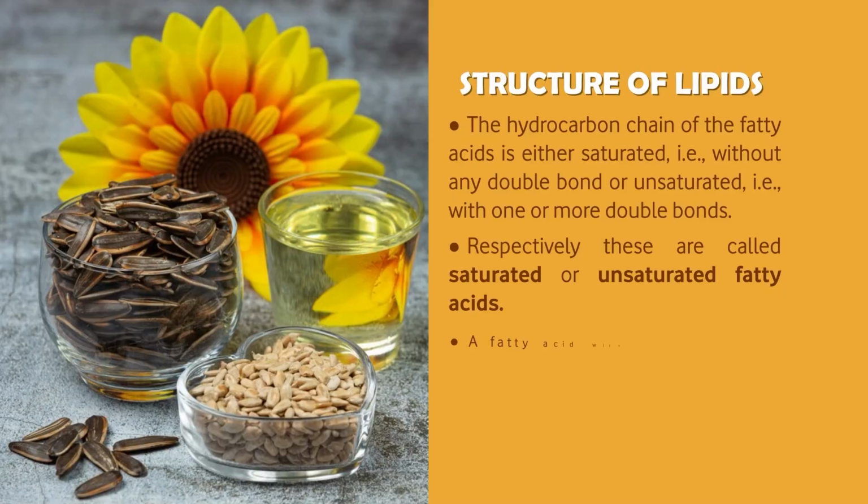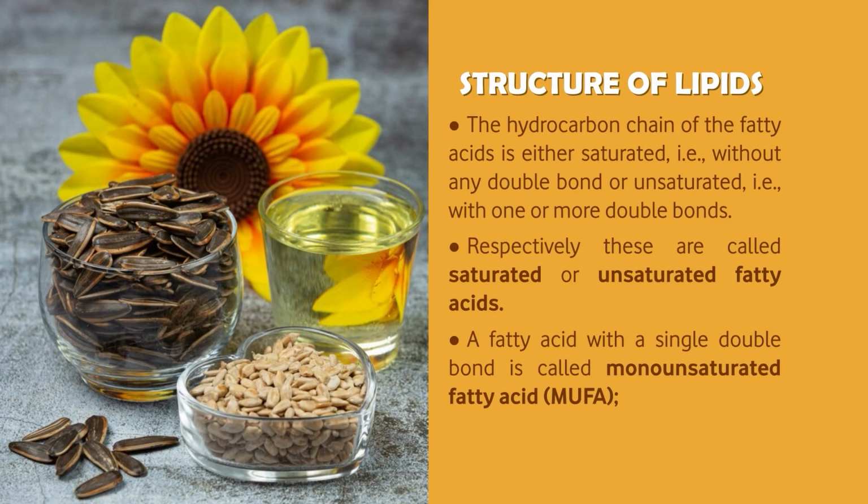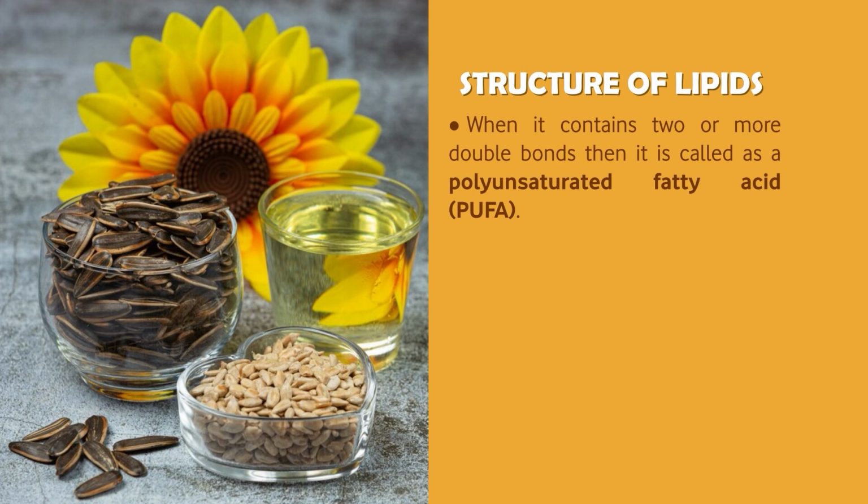Respectively, these are called saturated or unsaturated fatty acids. A fatty acid with a single double bond is called a monounsaturated fatty acid or MUFA. When it contains two or more double bonds, then it is called a polyunsaturated fatty acid or PUFA.